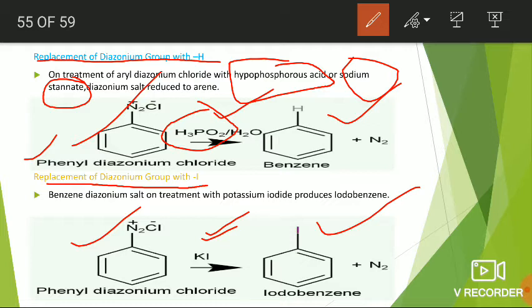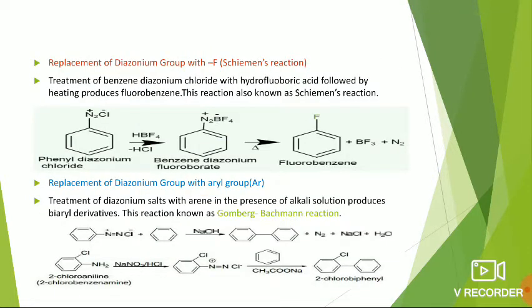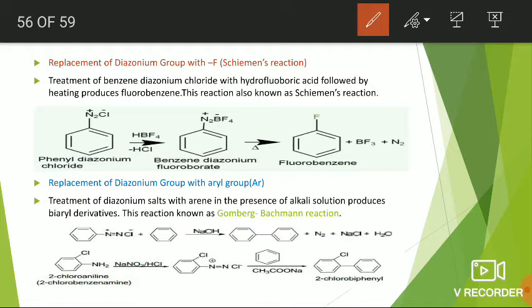Okay, fine. Next, replacement of diazo group with fluorine. It is a specific named reaction. The named reaction is the Schiemann reaction.